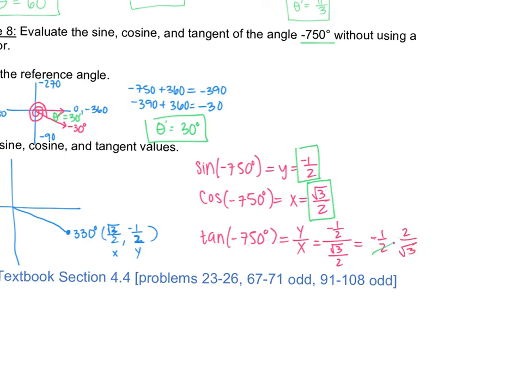So the 2's cancel, giving me negative 1 over root 3. I can multiply the bottom and the top by root 3 to cancel out the root. So 3 would now be on the bottom, and the top would just be negative 1 times root 3. So that's negative root 3 over 3, and that there is my tangent value.